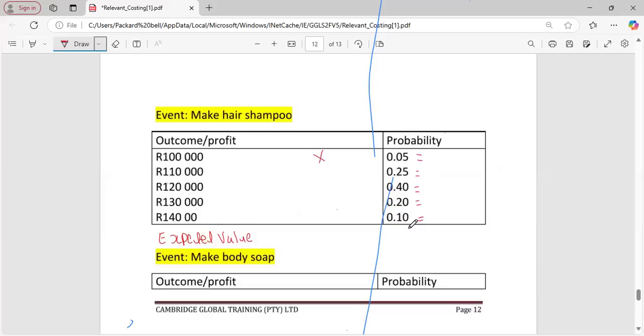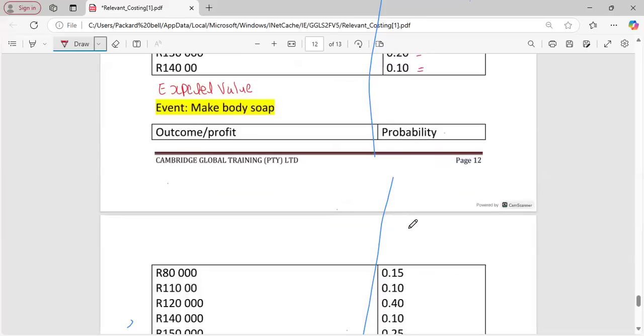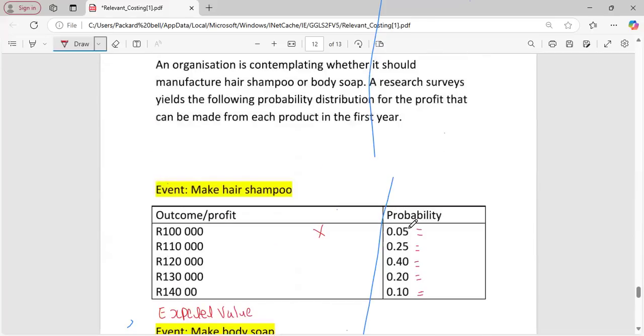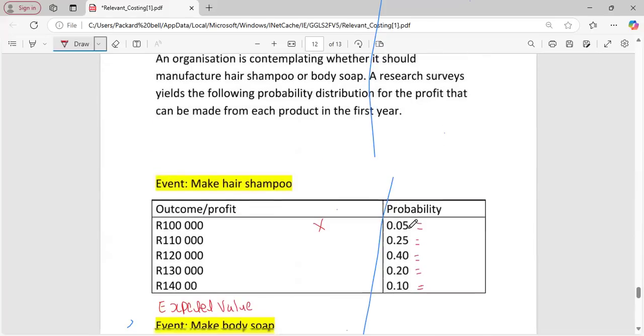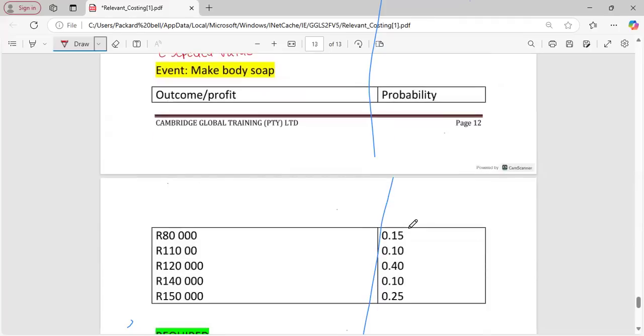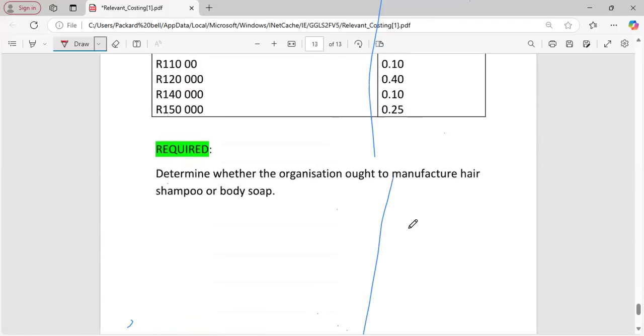If it is a question like this, here you can see we have two products: Mac hair shampoo and Mac board soap. We are required to determine whether the organization ought to manufacture hair shampoo or board soap.